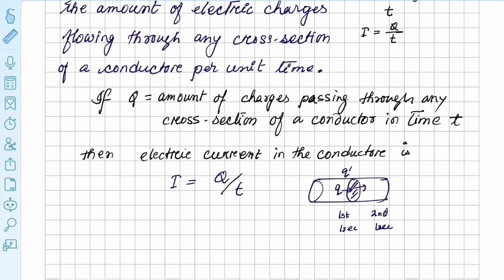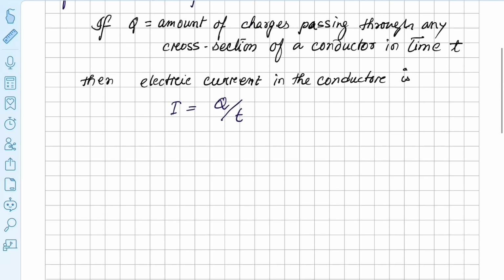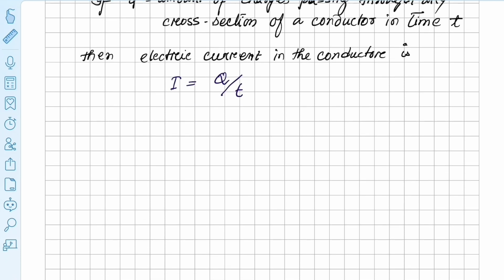So how to find that? Let me explain it. Suppose this is the conductor and this is a cross section.